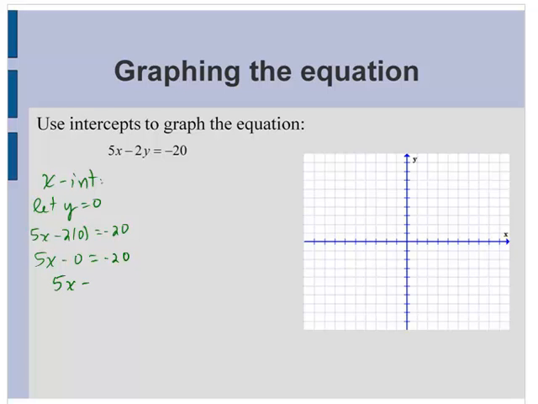So then 5x is -20. Dividing by 5, x is -4. So when y is 0, x is -4, so we'd have the ordered pair -4, 0. Assuming a scale of 1 on each axis, the x-intercept is -4, 0. And there it is plotted.